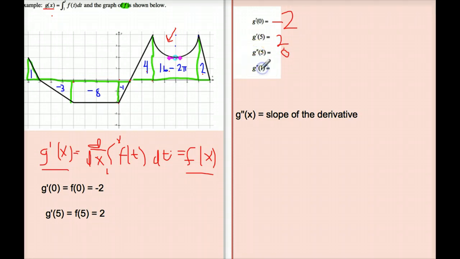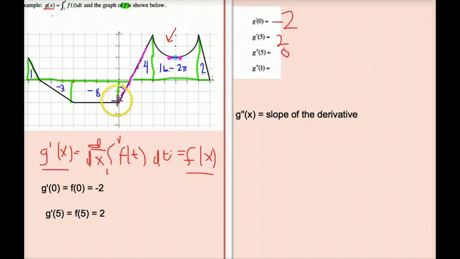The next one looks for the slope at g double prime of 1. So here's 1. And if I look at 1, don't I have a straight line? Please pretend that's straight. That's as close as I can get. We know that the slope of a straight line is the rise over the run.